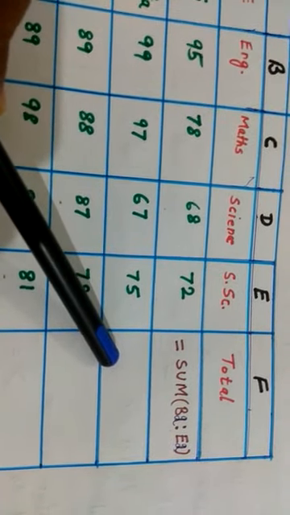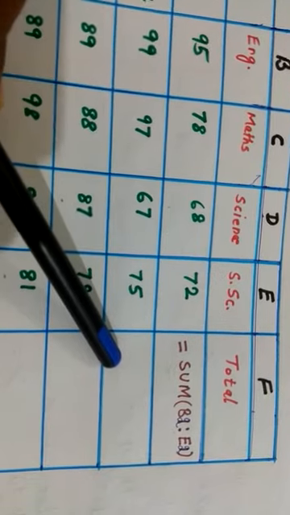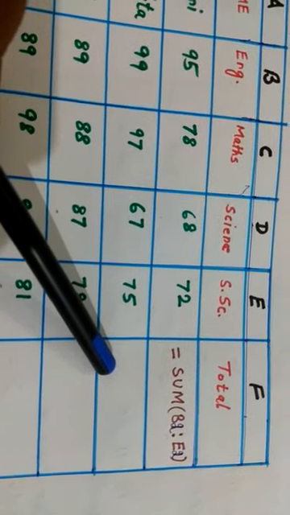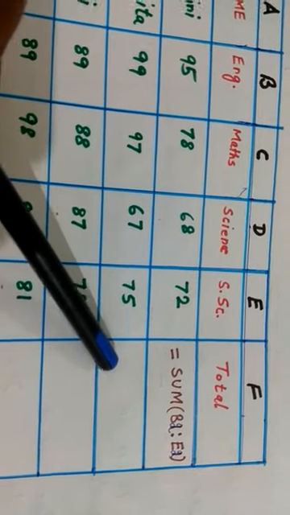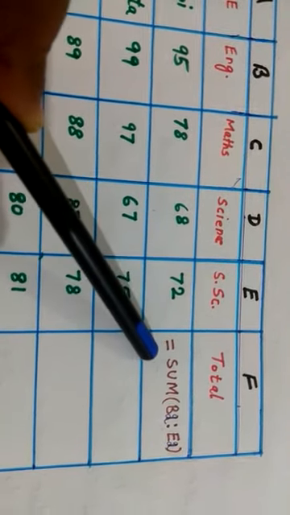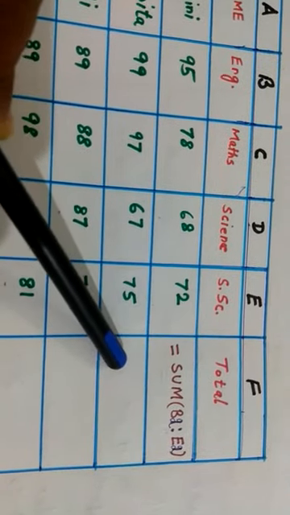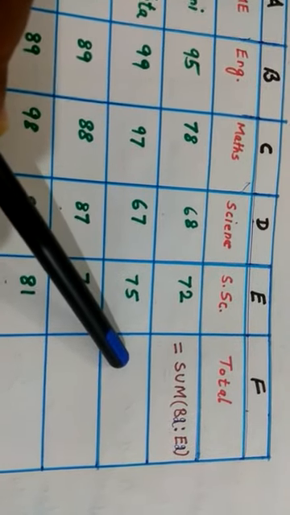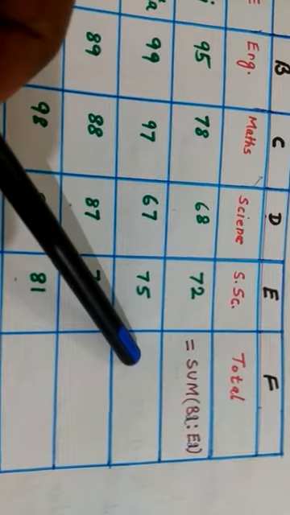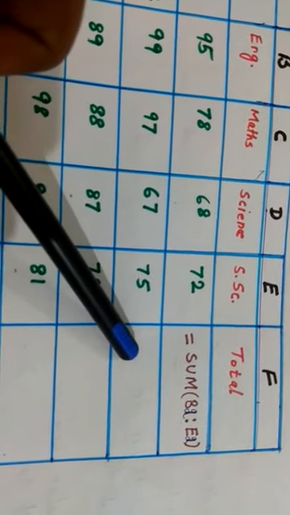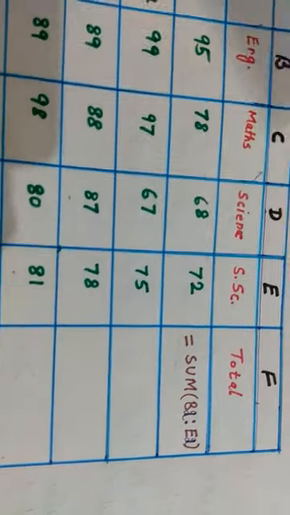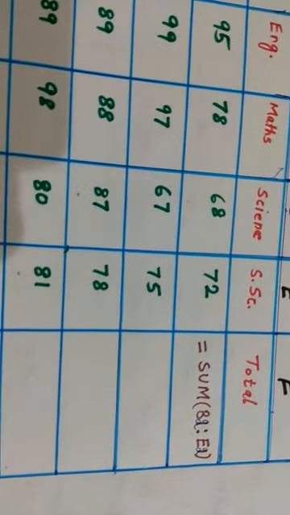Row numbers will change because this formula is using relative cell referencing. And if you write absolute cell referencing here, then if you copy it, it will remain as equal to SUM(B2:E2). Now, how to write relative and absolute cell referencing?